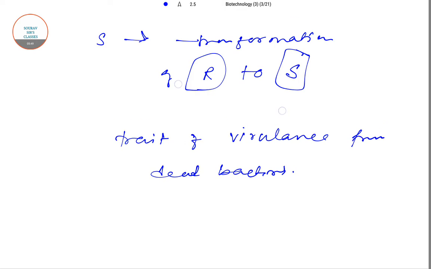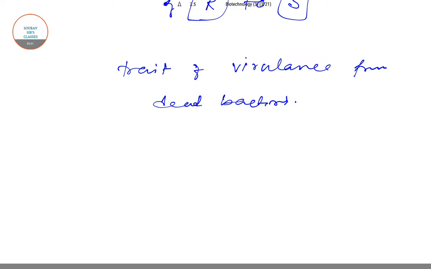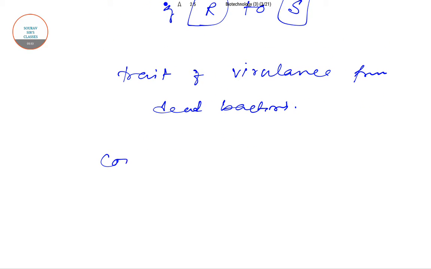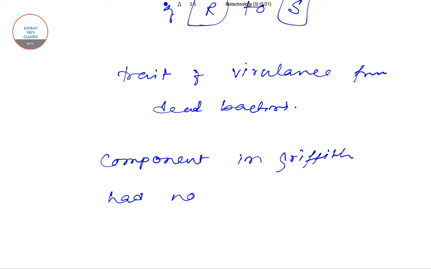Now, Griffith's work could not prove which component of the S-type bacteria causes this virulence. So the Griffith model had no proof.